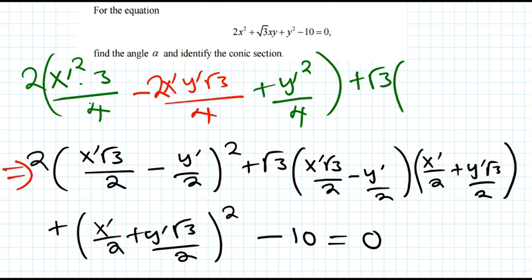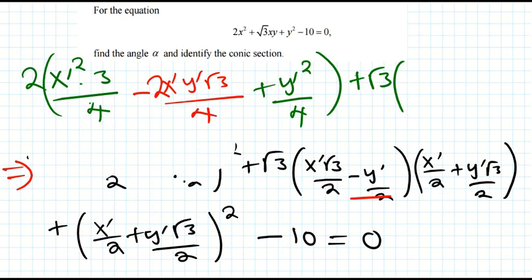This part multiplied by that, again you get this part multiplied by that part. So I've given an example of how you do this on the first part. I believe you are able to simplify the other parts on your own. So 2 there, 1, 2 there, 2, 2 there, 2, 2 there, 2.